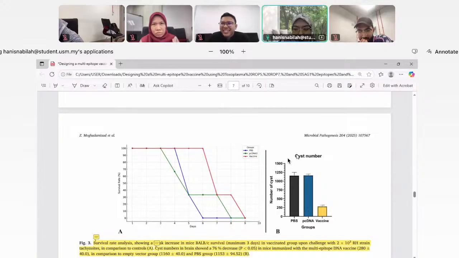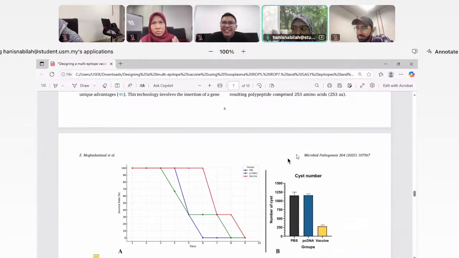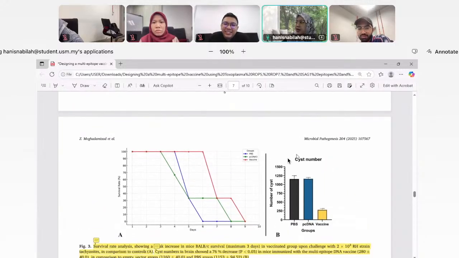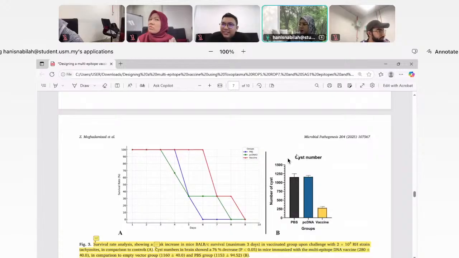But this is a different group, right? The cyst number analysis is for the PRU strain. But I may ask why PBS and pcDNA have almost the same cyst number.